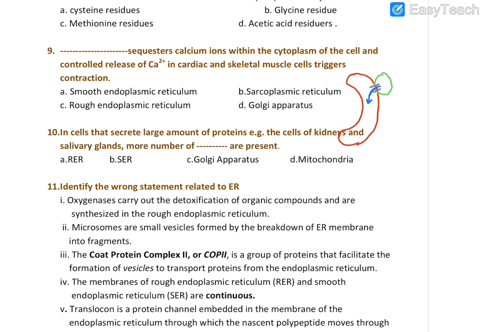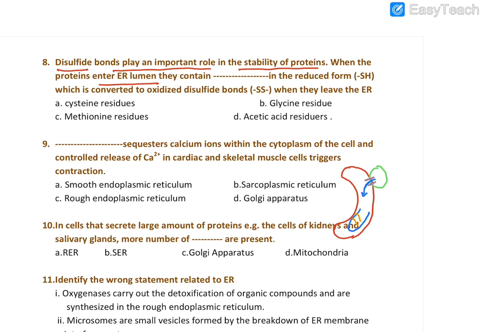Then inside the endoplasmic reticulum, the stabilization of protein takes place. For that purpose, the protein should fold. For the folding of the protein, disulfide bonds are required. For the formation of disulfide bonds, a type of amino acid is required, and that is the cysteine amino acid, which will be present inside the endoplasmic reticulum.